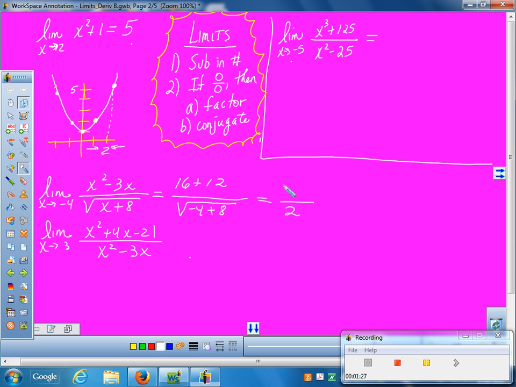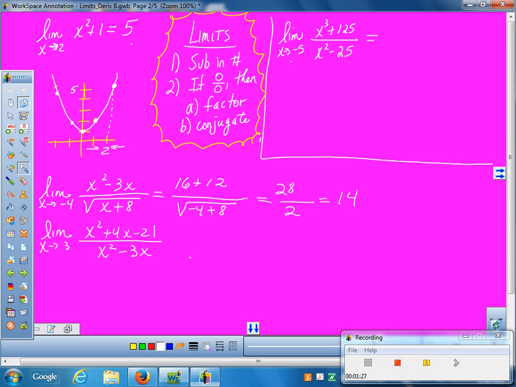And so I would have 28 over 2, which is 14. Ta-da, you just worked your first limit problem. You got a legitimate number answer, that's it. This function, when the x-coordinate is going toward -4, the y-coordinate is 14. That's all it takes.